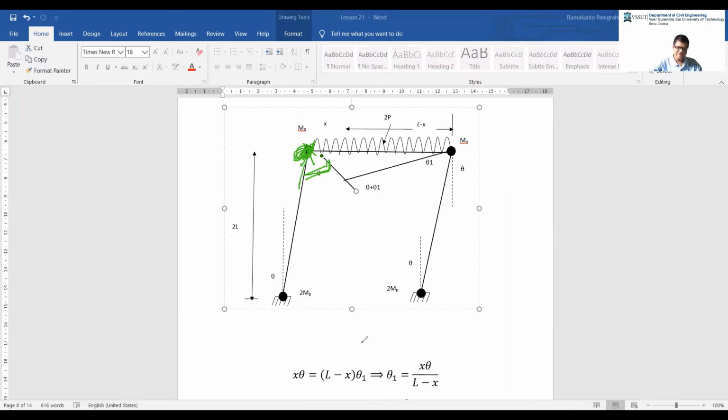If you go to this A, B, C, D, here it is A, it is B, C, and D. So at the top of this column AB, and the left of the span BC, there will be angles; when you add beam and column, that will be 90 degrees. Since they are opposite in direction, they will cancel out. Theta and theta will cancel, and the angle is maintained at 90.